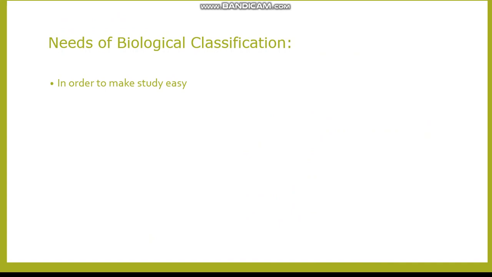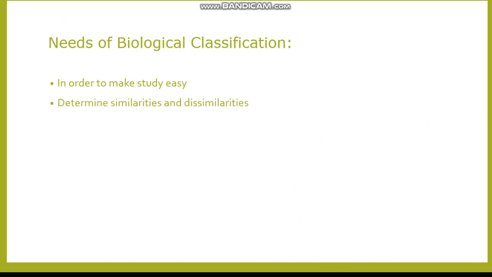So it becomes very difficult to study all humans. Likewise, there is a large number of ants on the earth. If we start studying individual organisms, it becomes very difficult. So this is why scientists classify or make groups of organisms, so it becomes easy for them to study.